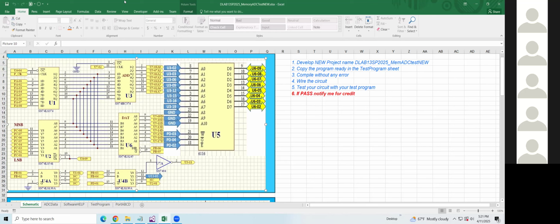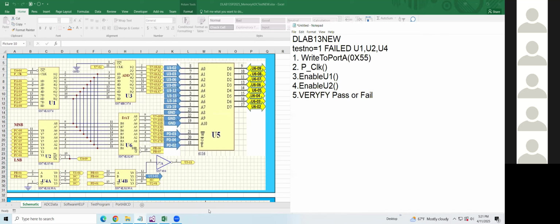First thing you check for power and ground. You make sure there's power, but then you could check for the output on U1 and then check U2 and output.